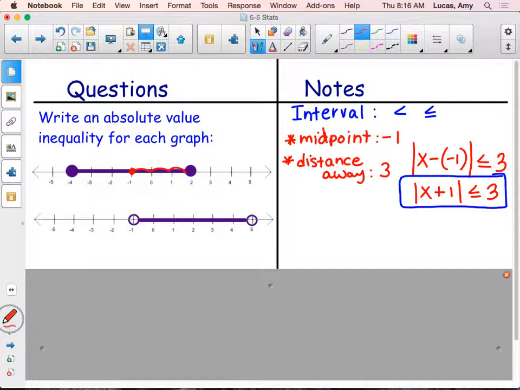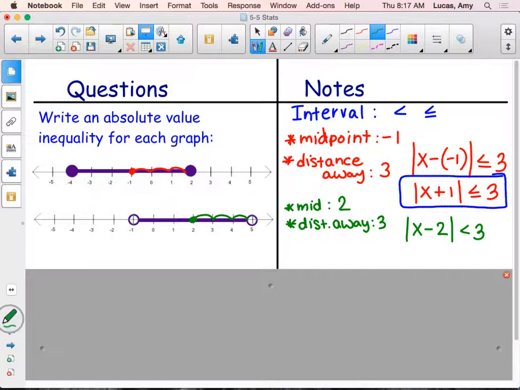Okay, our next one, my midpoint is 2. And the distance away is 3 again. So that means the distance away from 2 is less than 3.